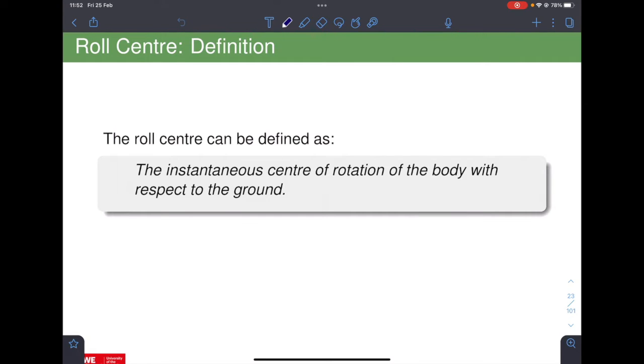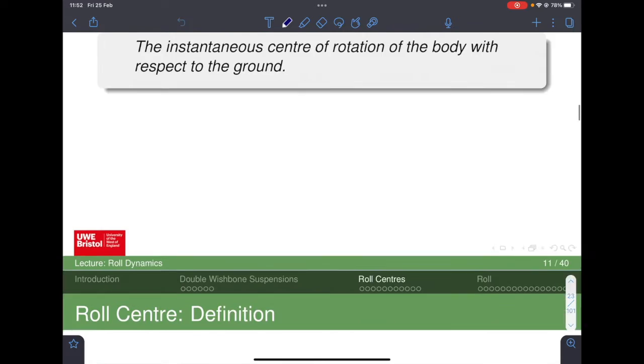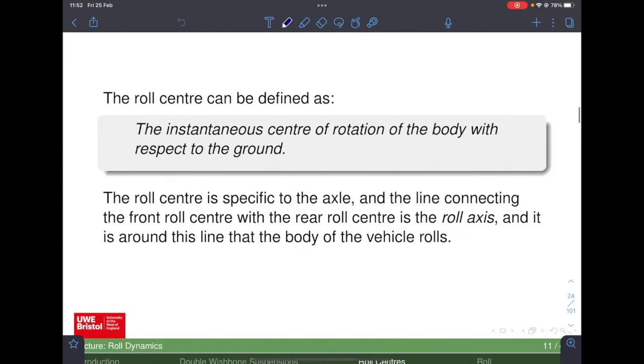The roll centre for an axle is the centre of rotation. So it's not the centre of gravity; it's a different point. The roll centre is specific to the axle, and the line connecting the front roll centre with the rear roll centre is the roll axis. And it's around this line that the body rolls.